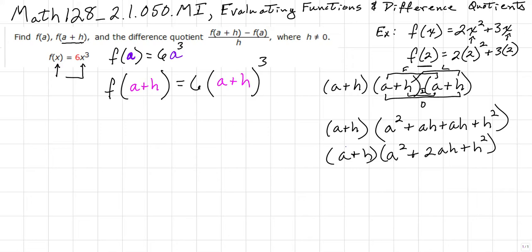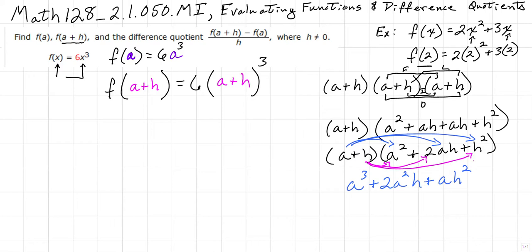So we take a and we're going to multiply it by all 3 terms in the trinomial, and that's going to give me a cubed plus 2a squared h plus ah squared. Then I will multiply h times a squared, times 2ah, and times h squared.